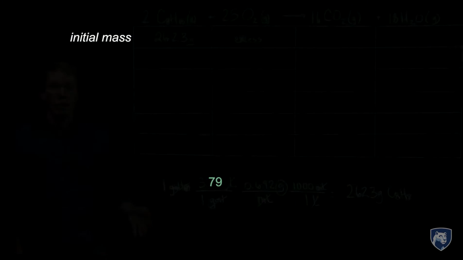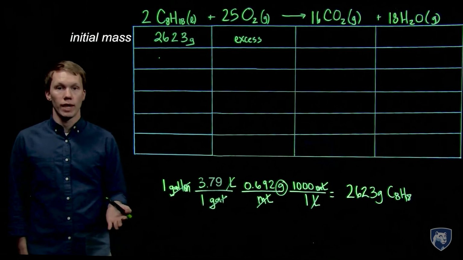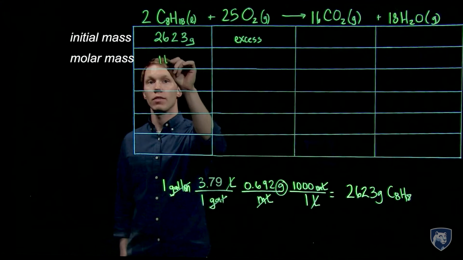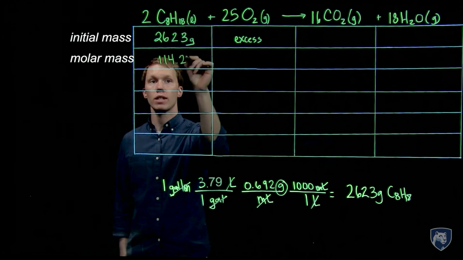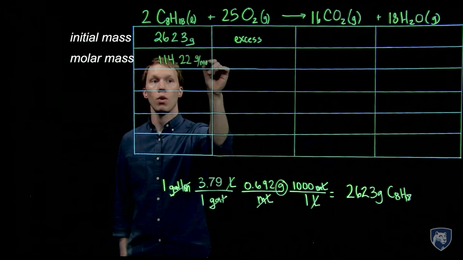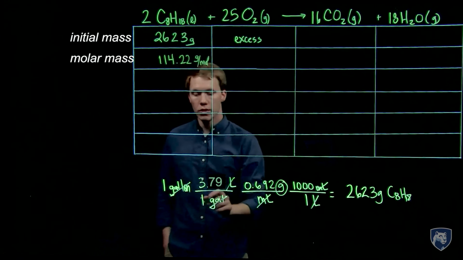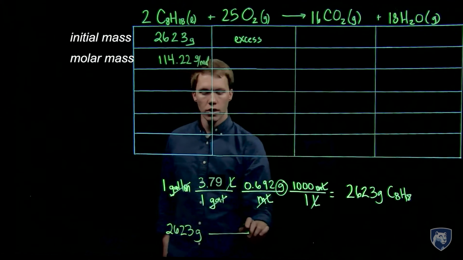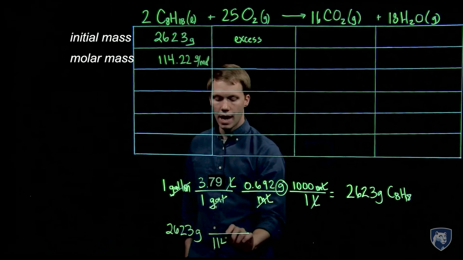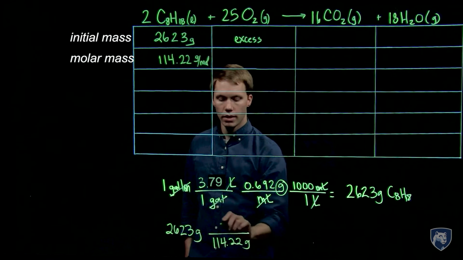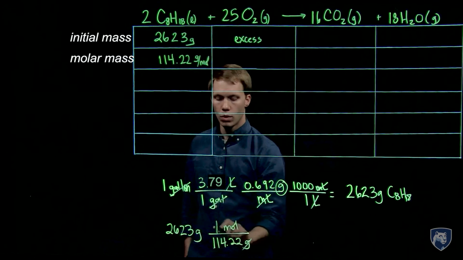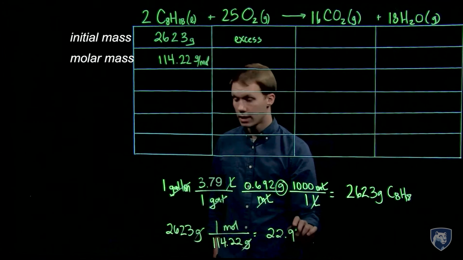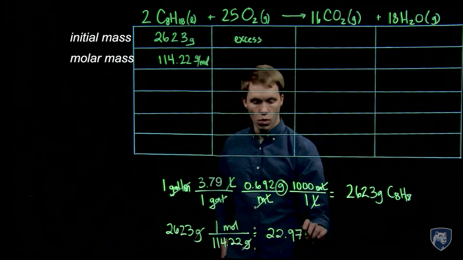More on that later. Now that we have our mass, we need to get on that mole train. So we need to know the molecular weight. The molecular weight, if we add up the mass of all the carbon and hydrogen, is 114.22 grams per mole. And if we do the calculation now, 2,623 grams, using this mass, we would divide that to get moles, and we are left with 22.97 moles.